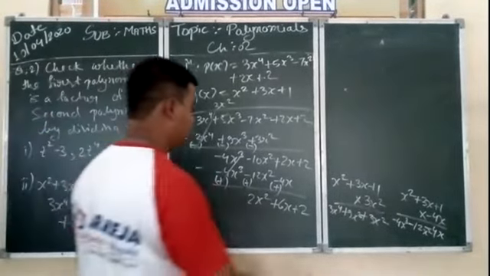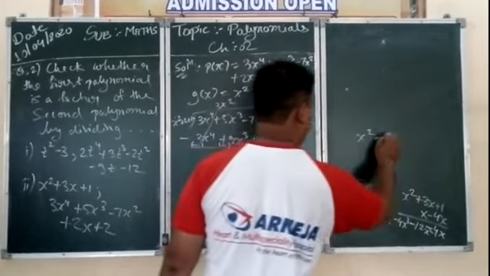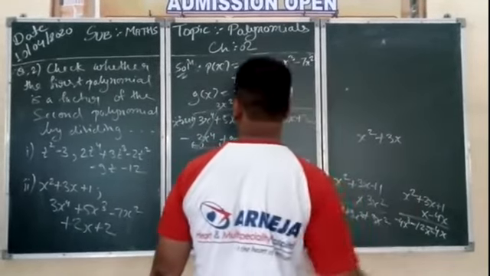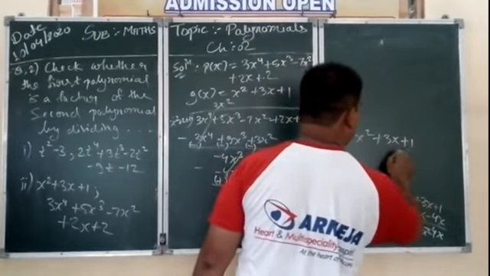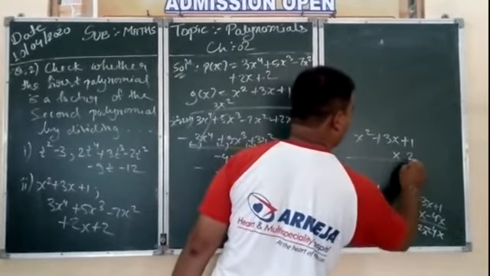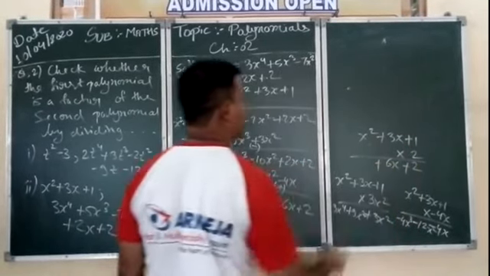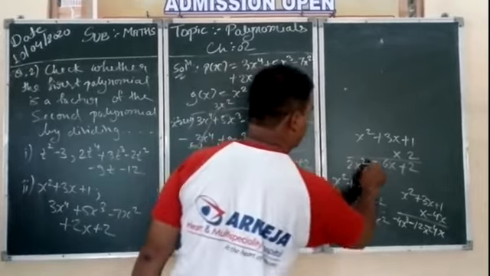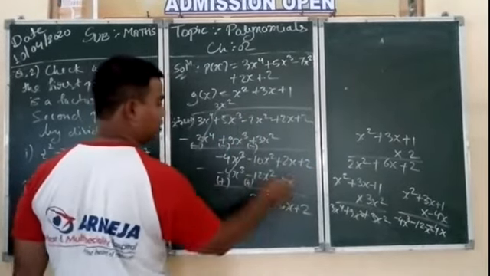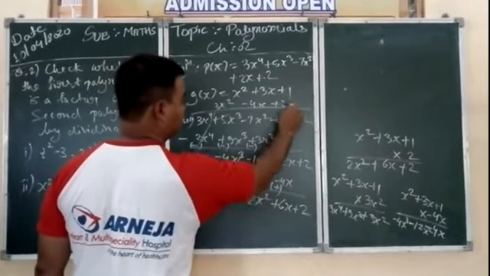Now again, x square plus 3x plus 1 multiplied by 2. So 2 times x square is 2x square, 2 times 3 is 6x, and plus 2.